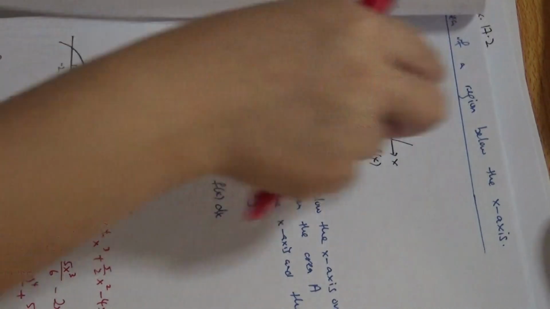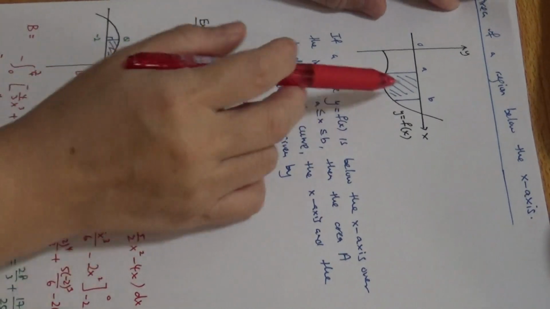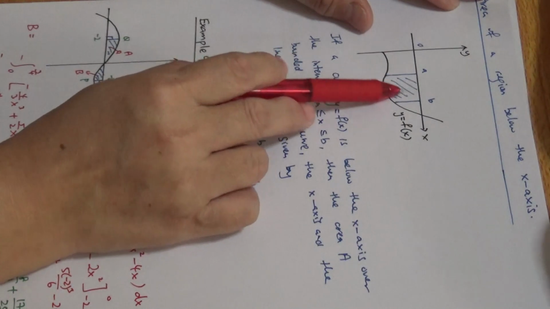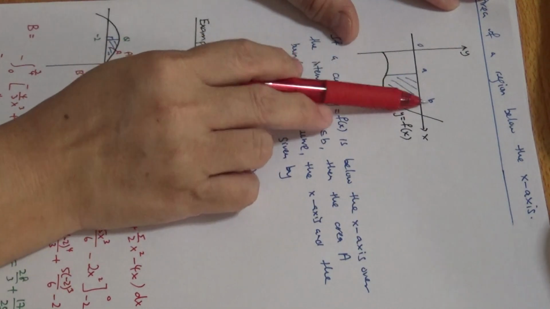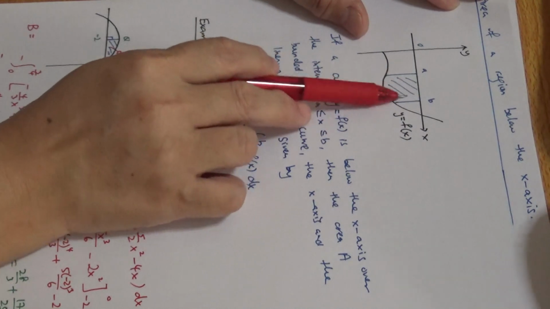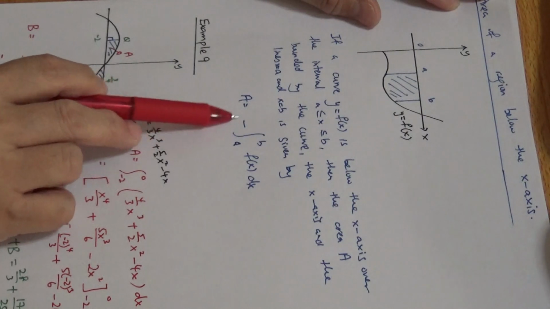Now let's move on. What if the area of the region is below the x-axis? If the area is below and I integrate from a to b, it will give me a negative answer. We know that area is always positive, so we add a negative in front.